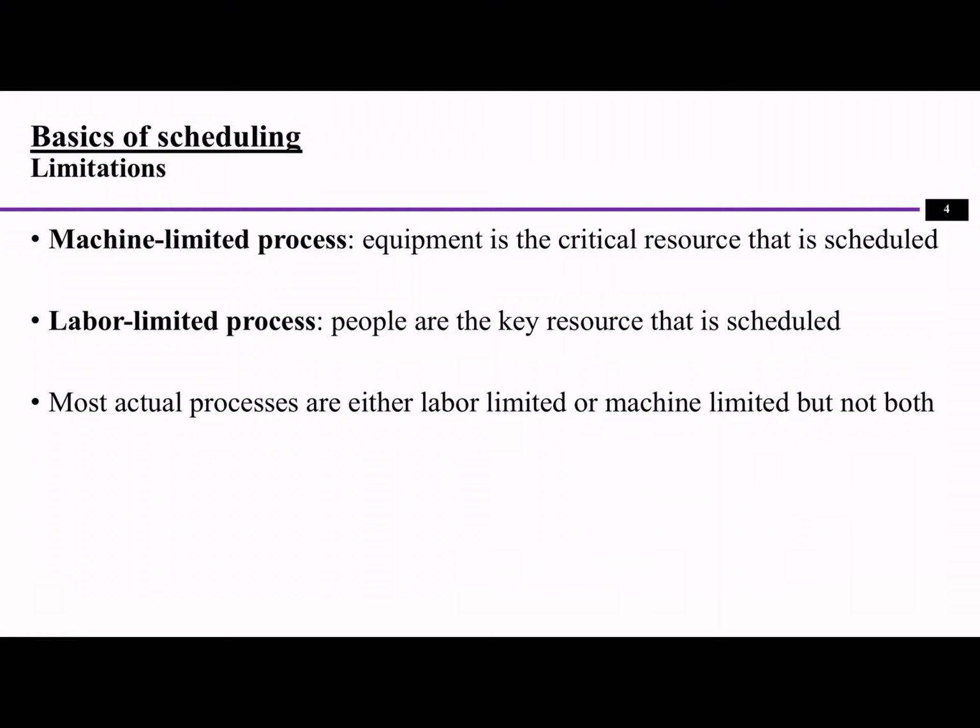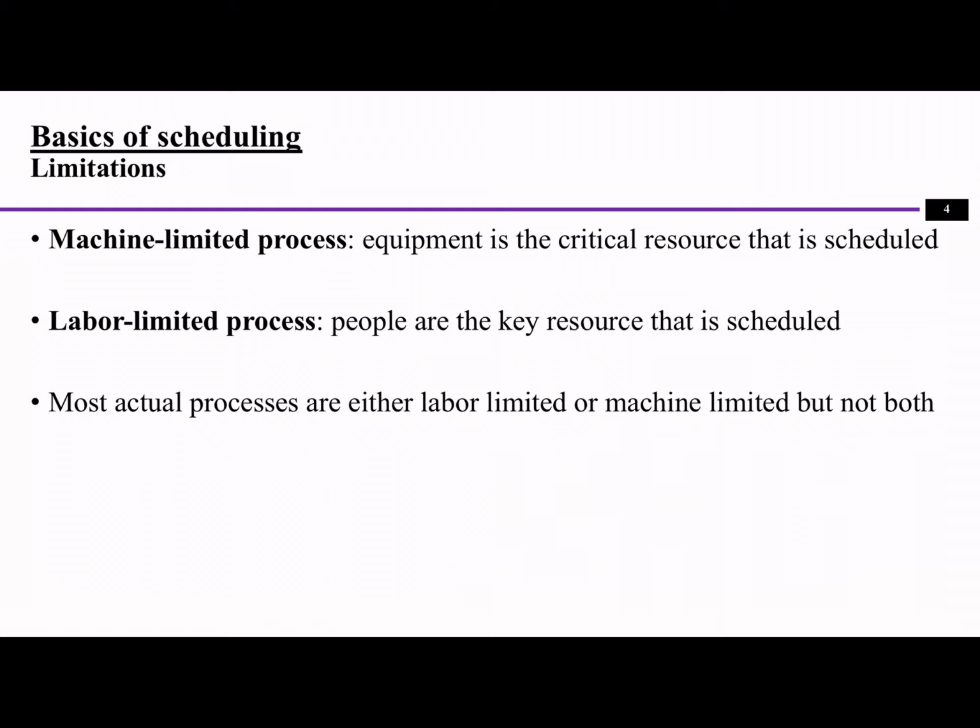All right. So when we're doing scheduling, of course, there are certain limitations, and some of the limitations are related to machines. We call it a machine limited process, which means that the equipment is the core or the most critical resource related to scheduling, because we have to schedule the order or activities around the machine limitation.